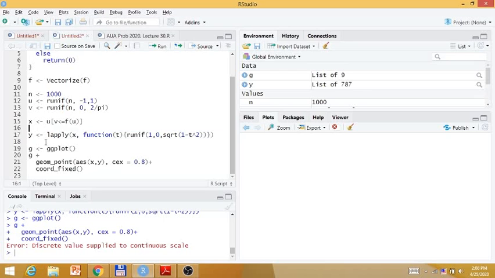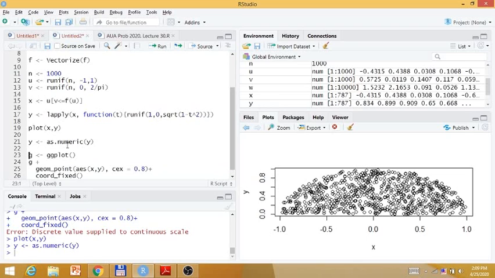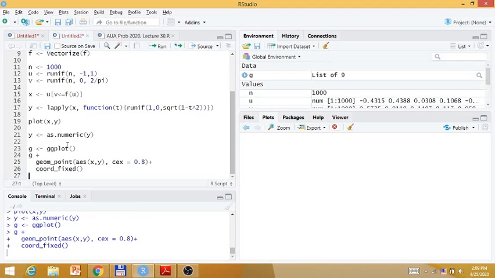Let me see why. If I do that in an ordinary plot, plot x, y, let's see if this is working. Yeah, this is working. So I am adding this and running that.